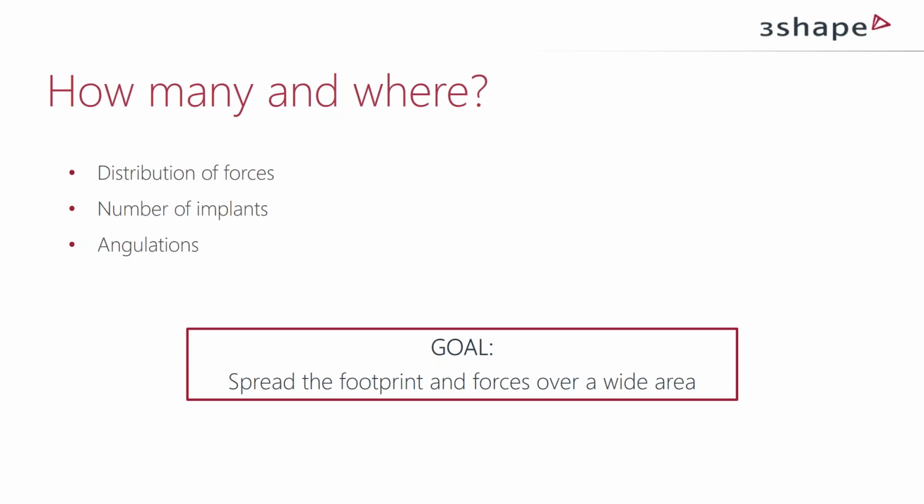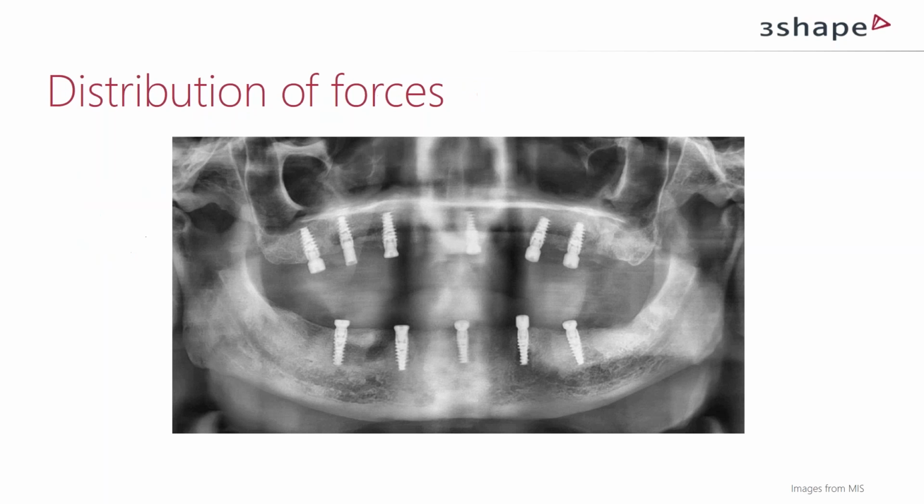How many implants we should use, and if we should angulate them or keep them straight. And of course, as a good listener, you already know the answer on the angulation part, but let me take it anyway. So the main goal here is to spread the footprint of the bridge or the implants over as big an area as possible, to spread also the forces over that big area.